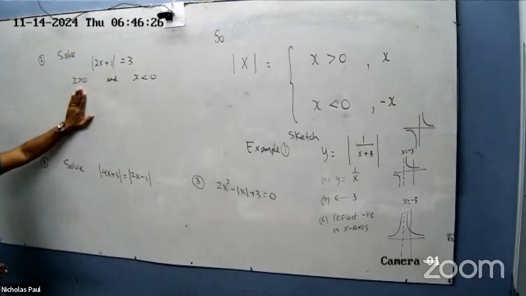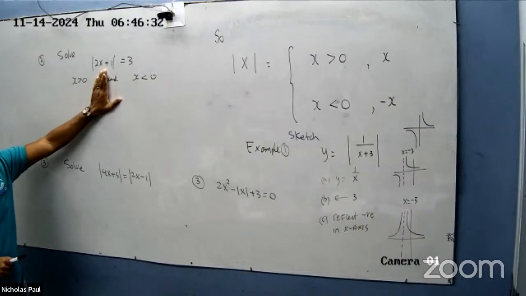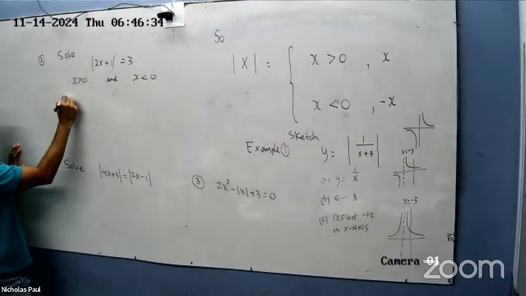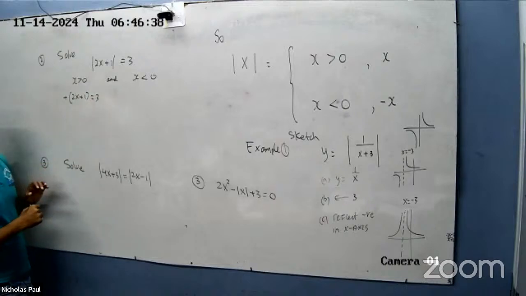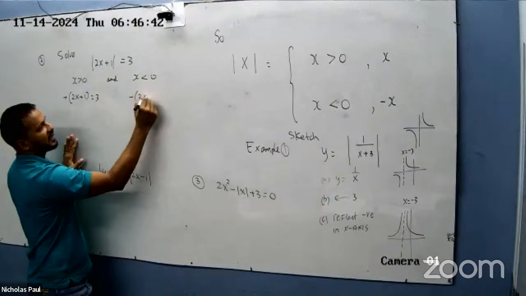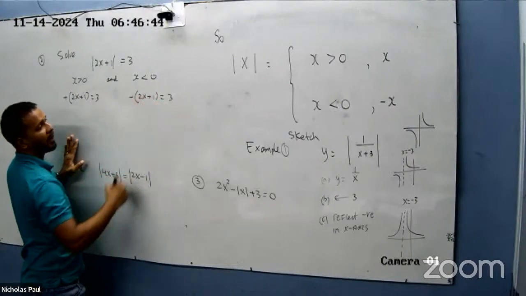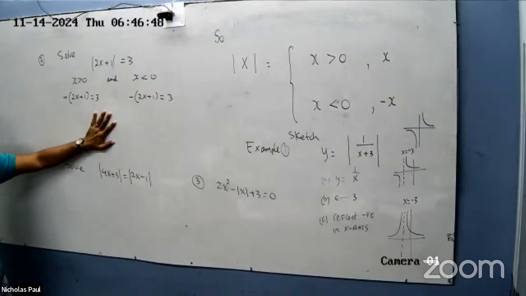When x is more than 0, the function stays the same, so the function stays as positive 2x plus 1. But when x is less than 0, we have to work it as a minus. That's okay? This is method 1.